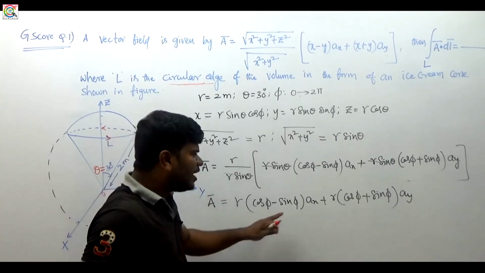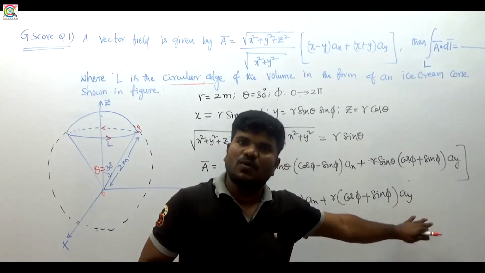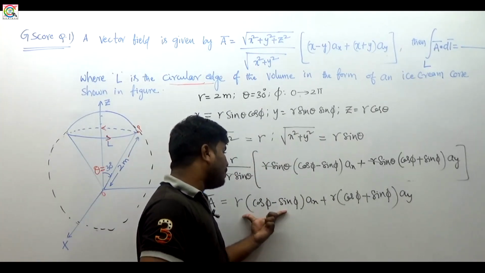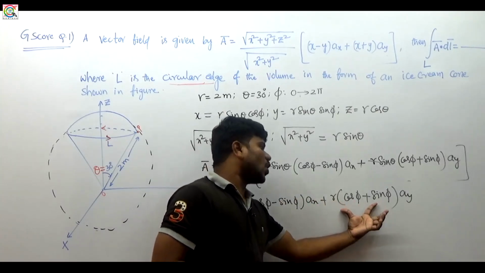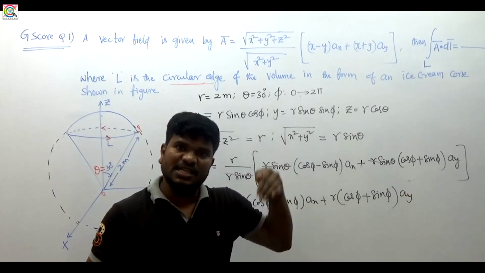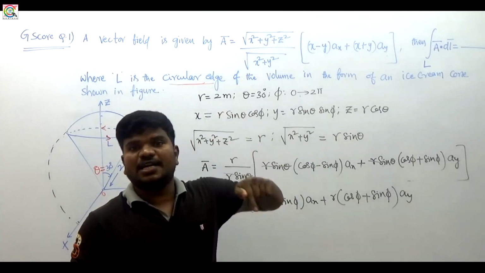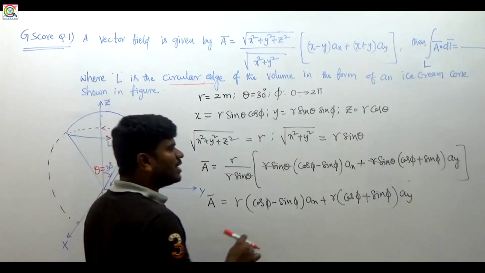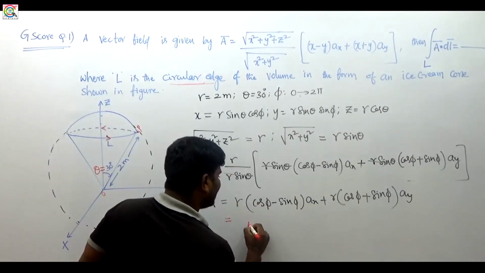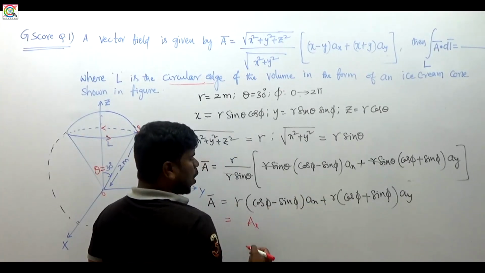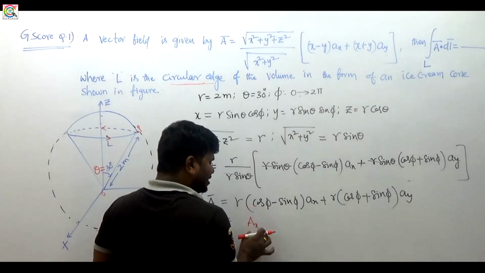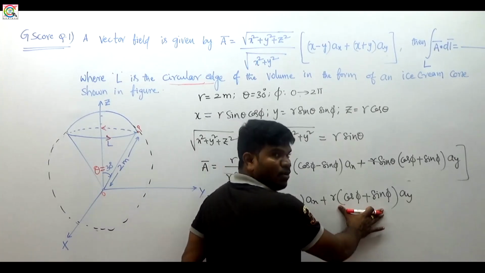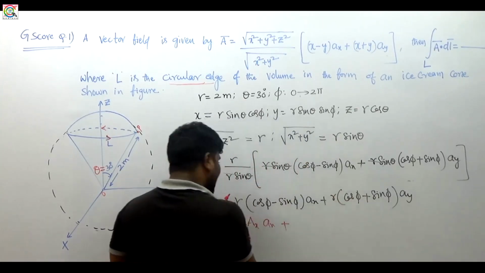Okay, so is this fully transformed into the spherical system? No, it is not fully transformed, because this is the component in the direction of x and this is the component in the direction of y, which means it is still in the Cartesian system. So what is the meaning of this? This is the component of A in the x direction, and this is the component of A in the y direction.